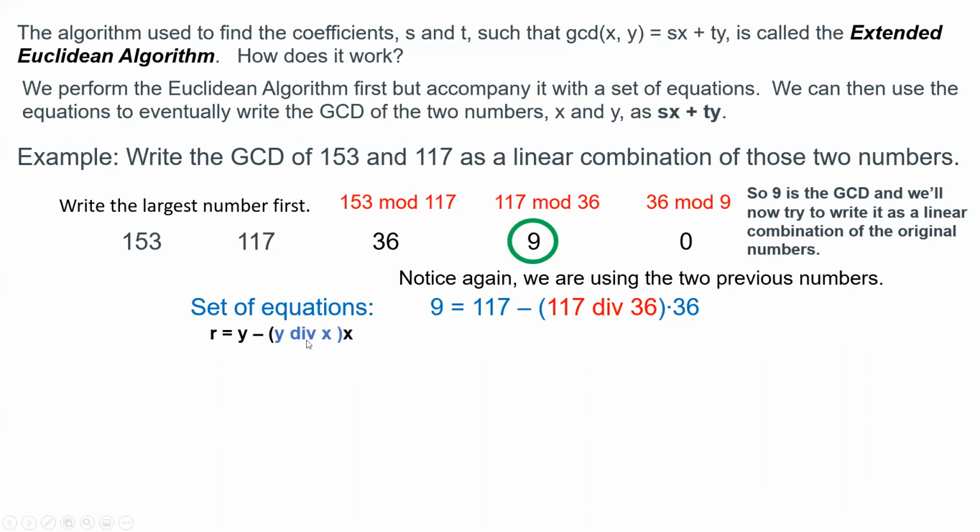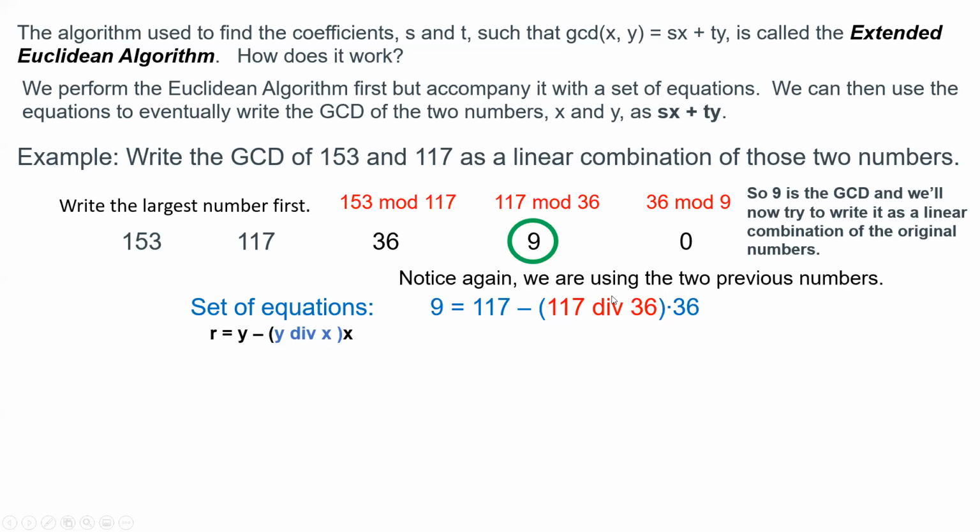So we start out with 117 minus, and then we've got this expression here. That's going to be 117 div 36, and then times the 36. Notice the 117 came first as we're writing numbers, and then the 36 came last. But we have to remember that there's a minus there, and there are parentheses around here.